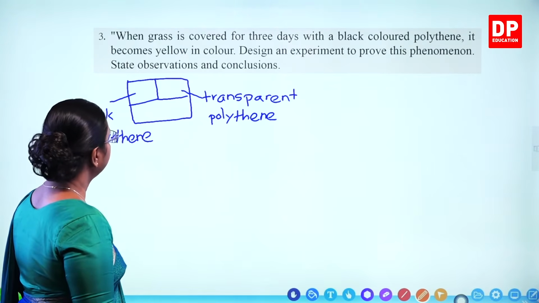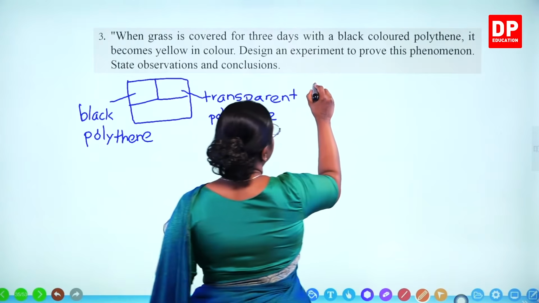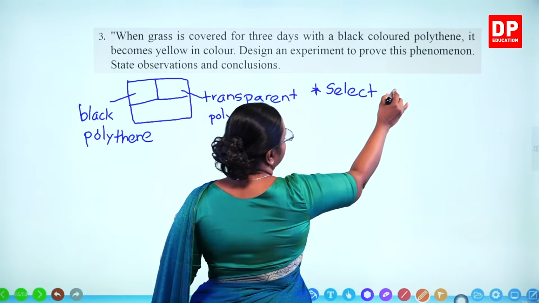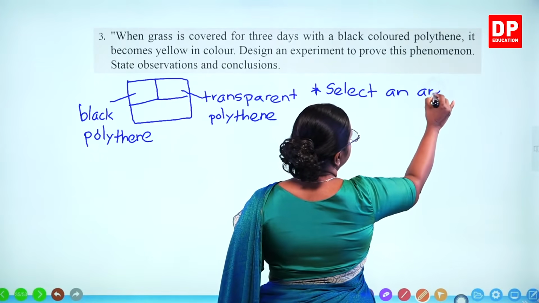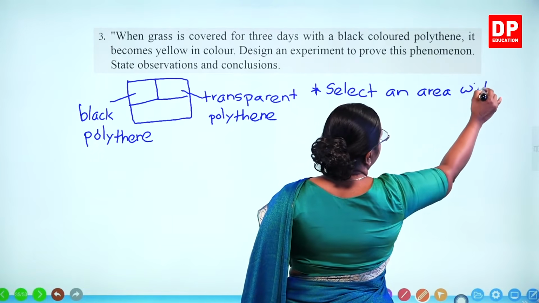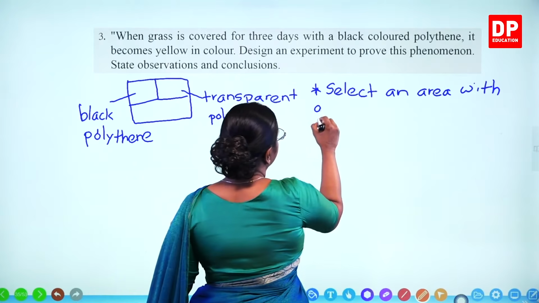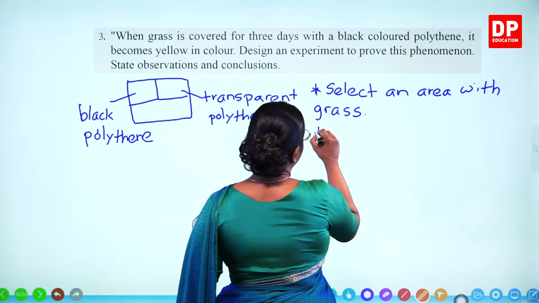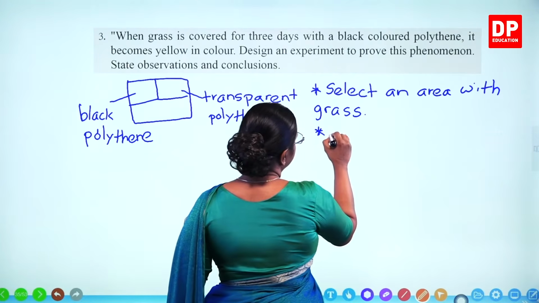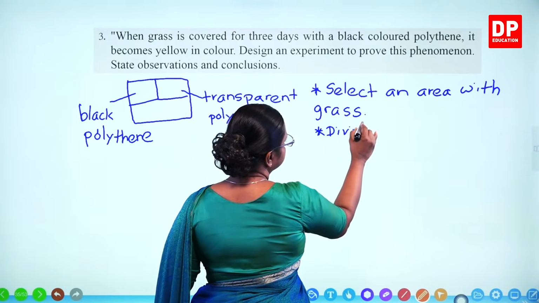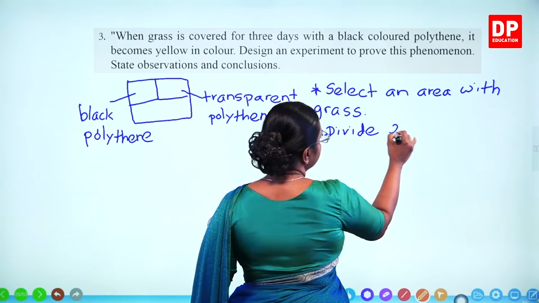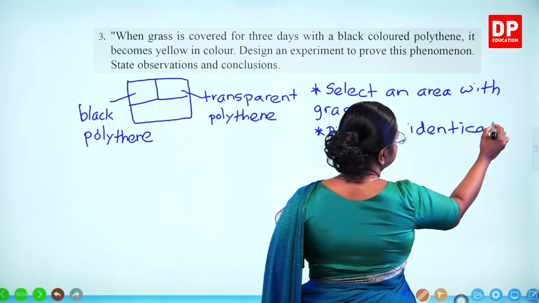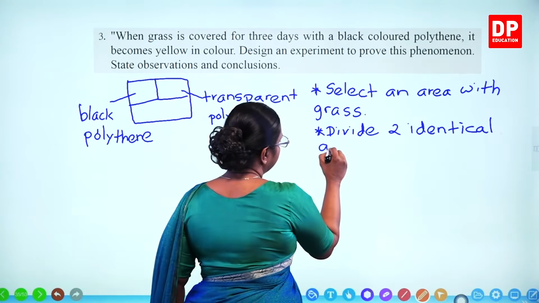So, here we can say select an area with grass, divide into two identical areas.